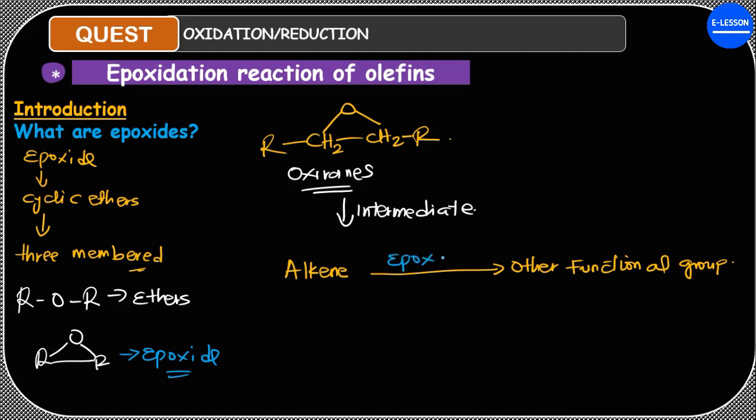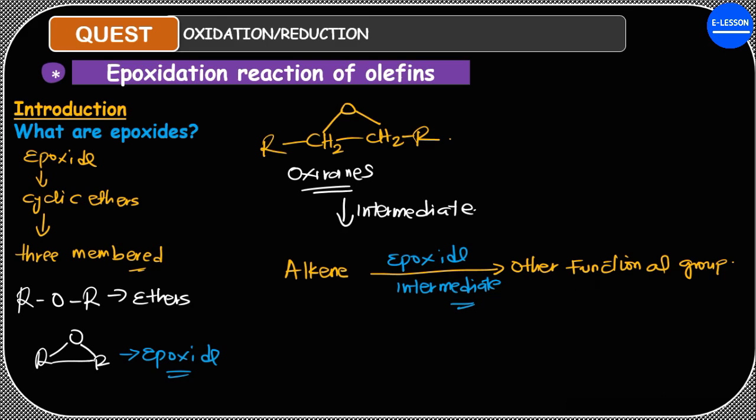So if you want to convert an alkene to another functional group, first of all, you convert it to epoxide. Then from the epoxide, you can convert it to whatever functional group you want.